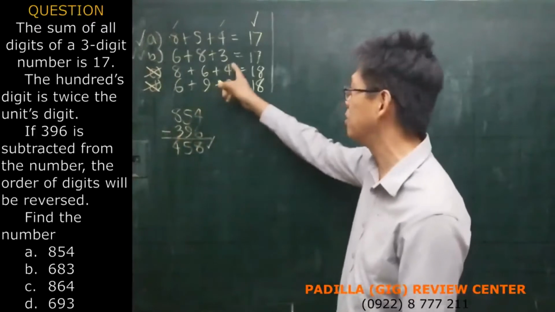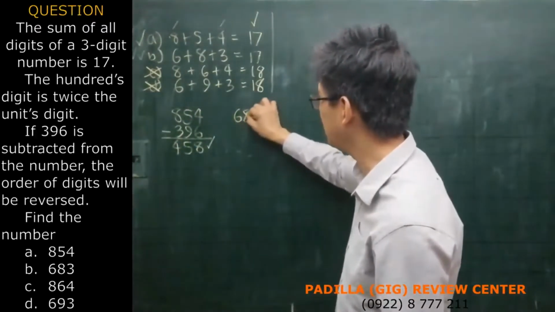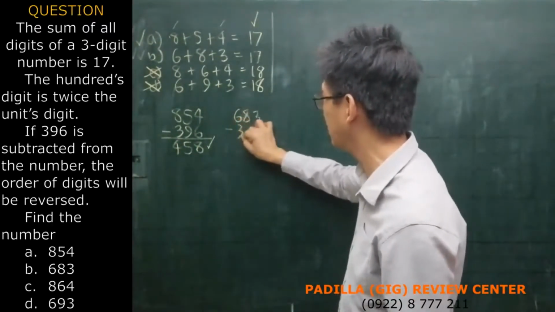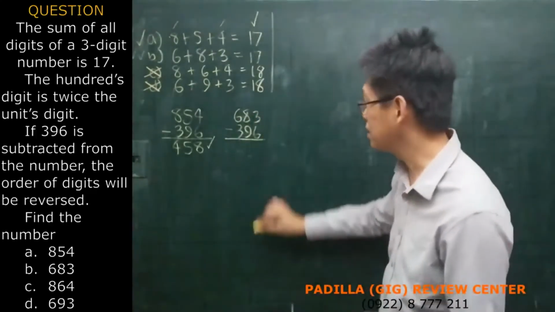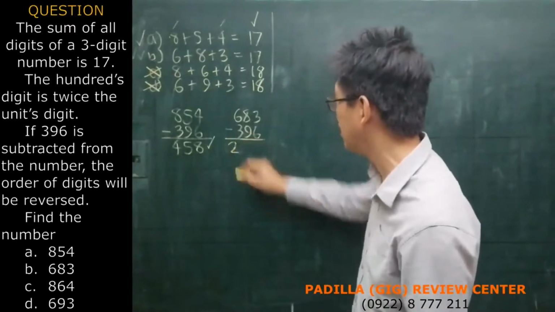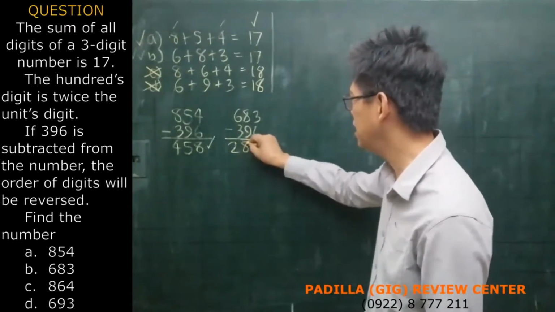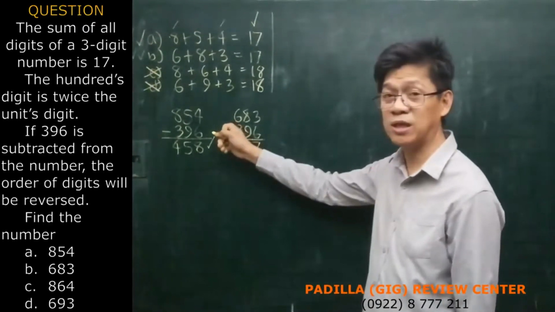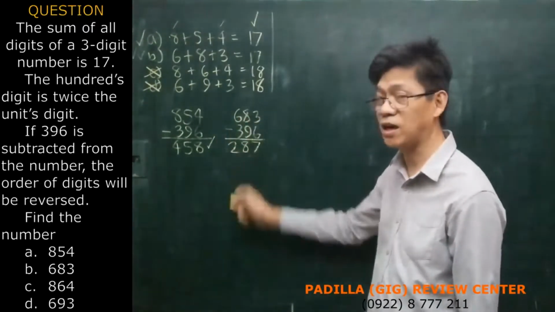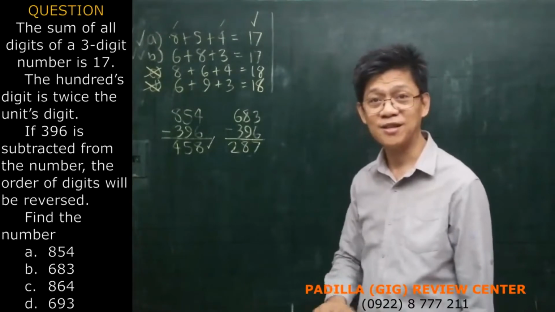But let us check letter B. 683 minus 396, if you subtract, this is going to be 287. So, is the order of digits from 683 to 287 reversed? It's not.